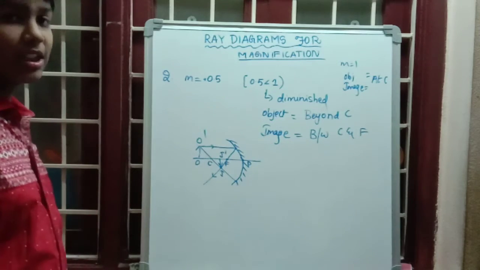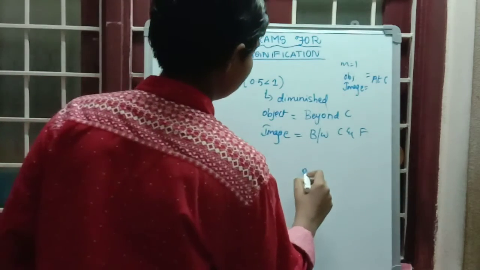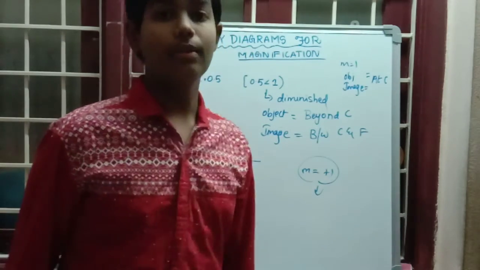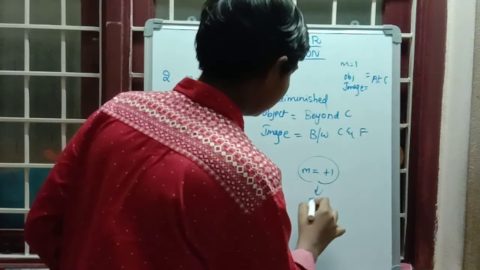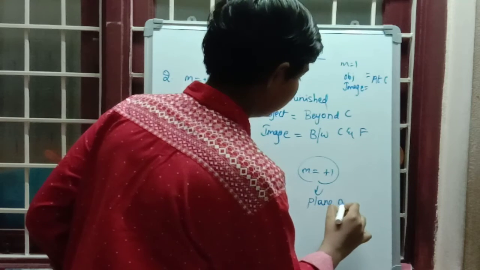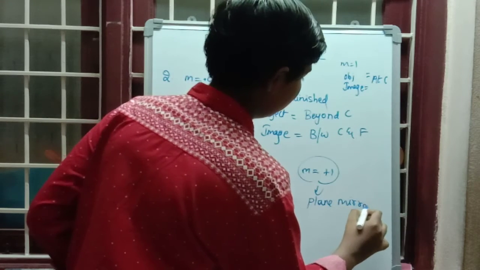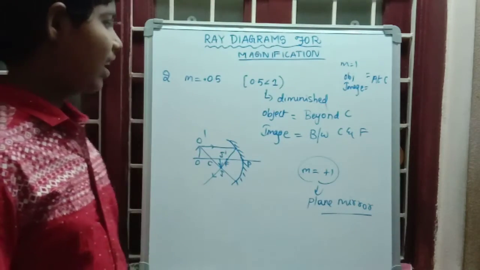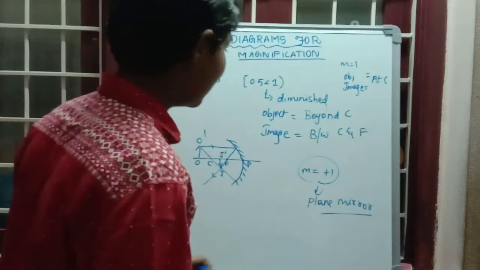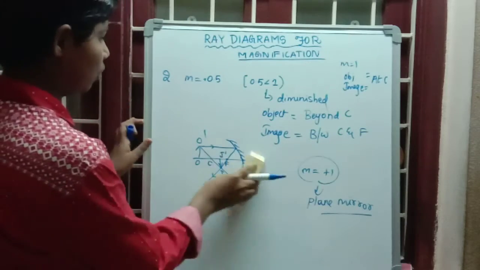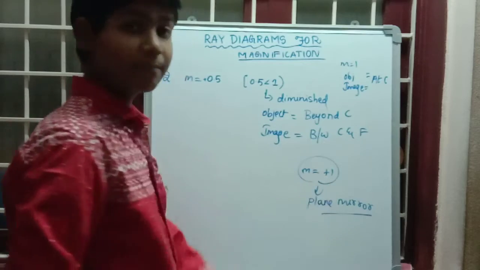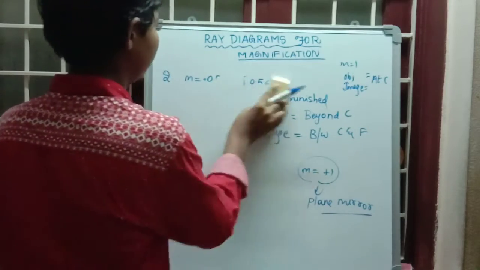If m is plus 1, which type of mirror can I ask? The mirror is a plane mirror. The image is the same size, and I will show how now. Here plus indicates the height of the image.